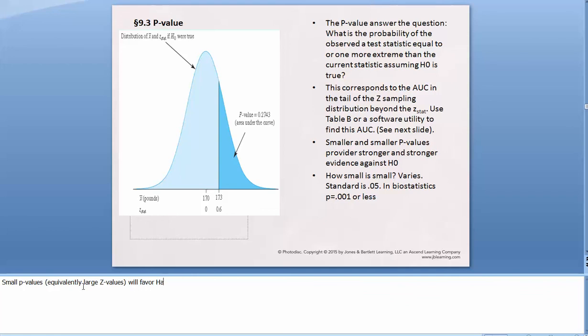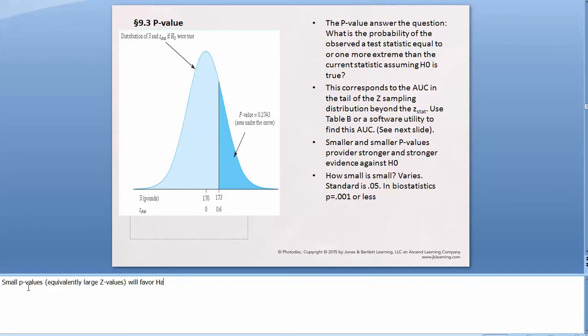Now, traditionally, before computers were freely available, what people would do is calculate the z value and then look up the standard normal tables. But nowadays with software, the p-value can be calculated, and the p-value is used much more commonly than the z-value.